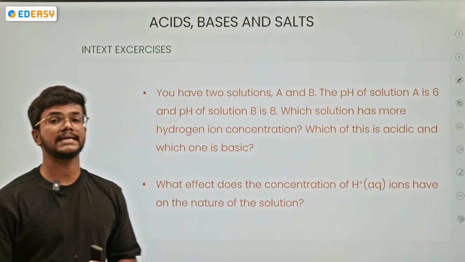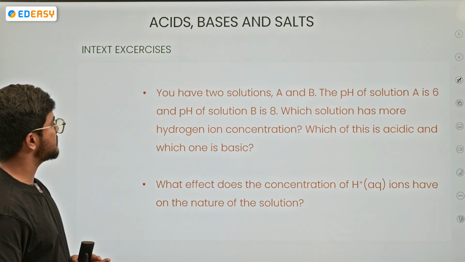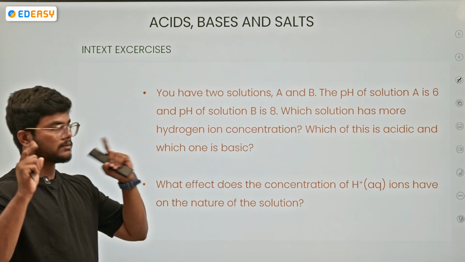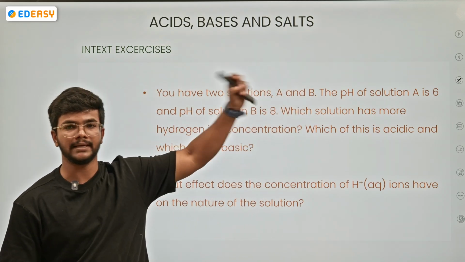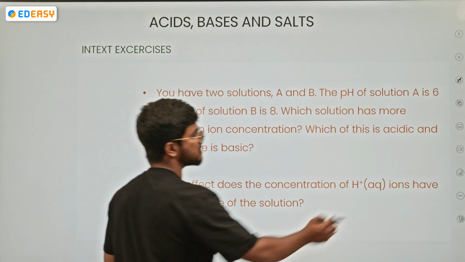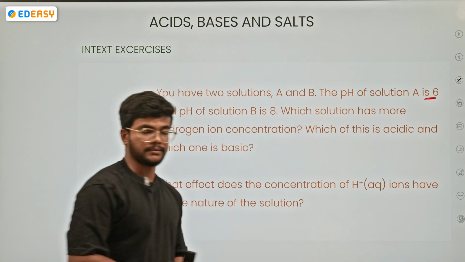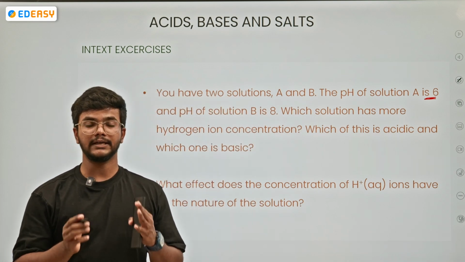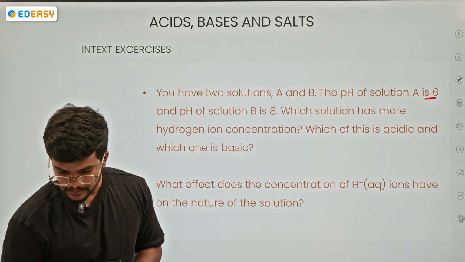Next, NCERT in-text questions. The first question: you have two solutions, A and B. The pH of solution A is 6. If the pH of a solution is 6, it is considered what?